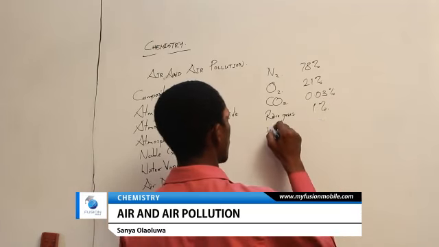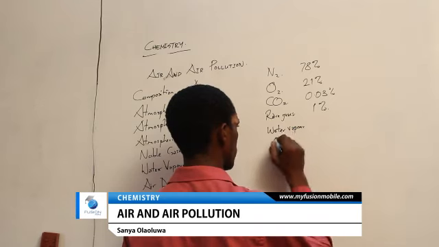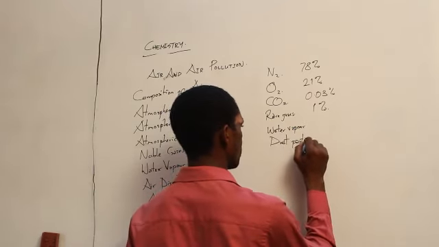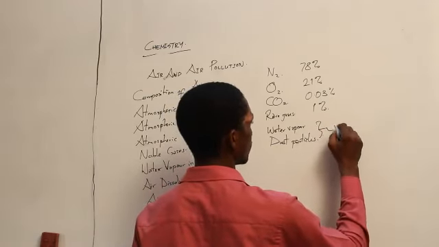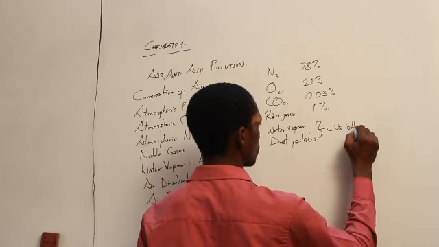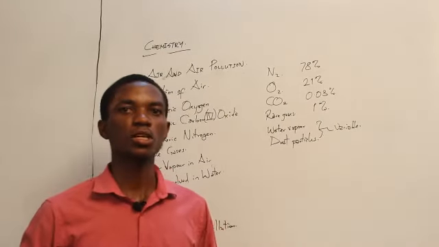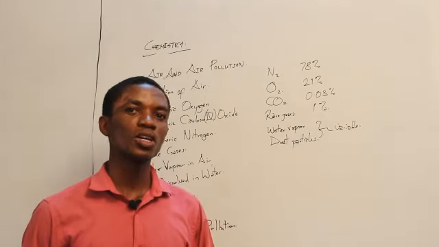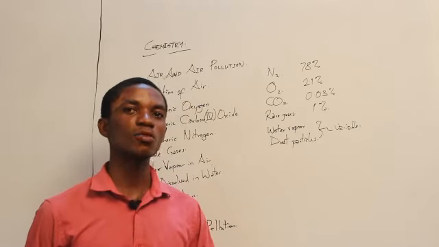Then we have water vapor. We also have dust particles. Now, water vapor and dust particles are variable, in the sense that they depend on the location in which you are at the moment. Imagine you are driving on the road. If it is an untarred road, the dust level will be high.